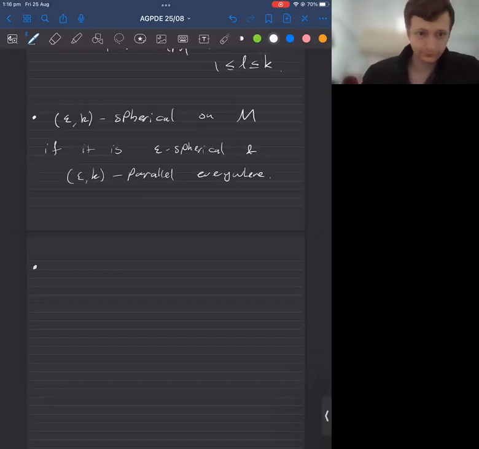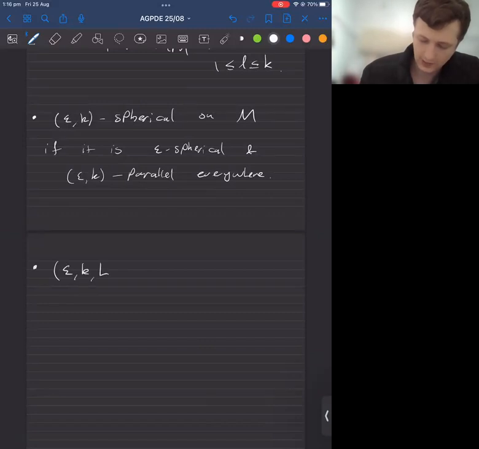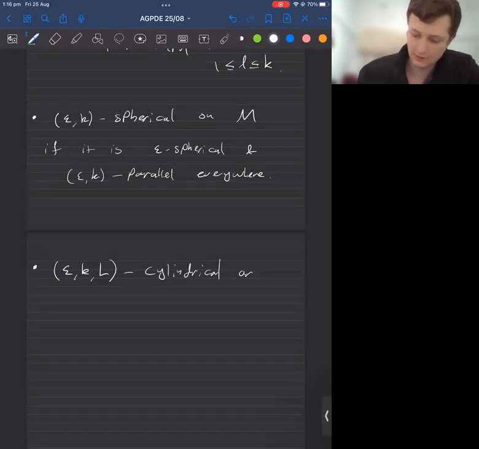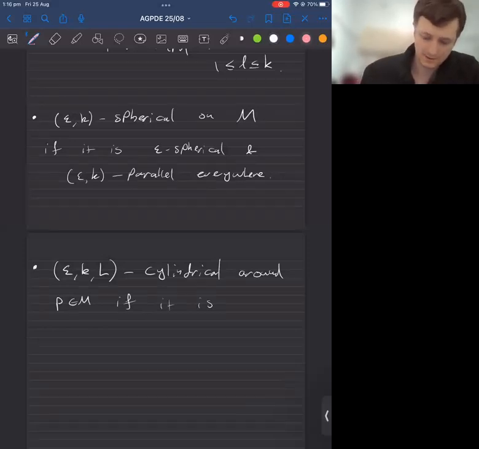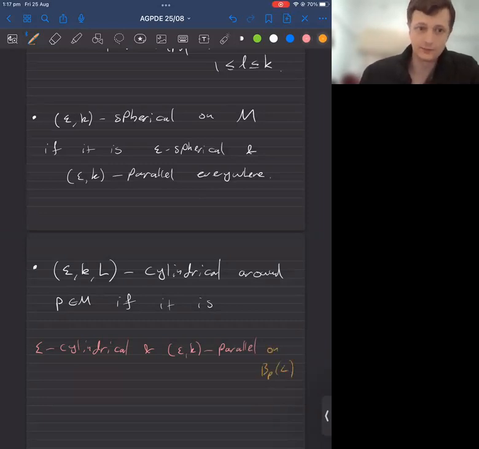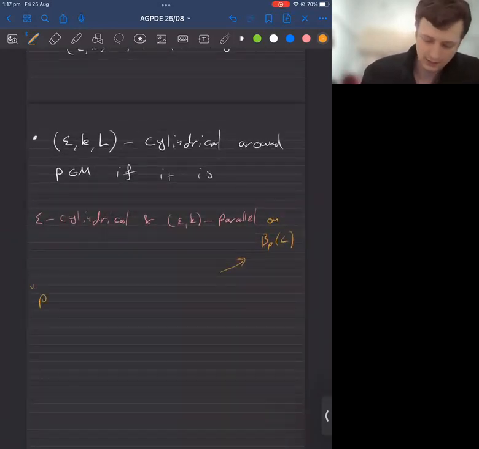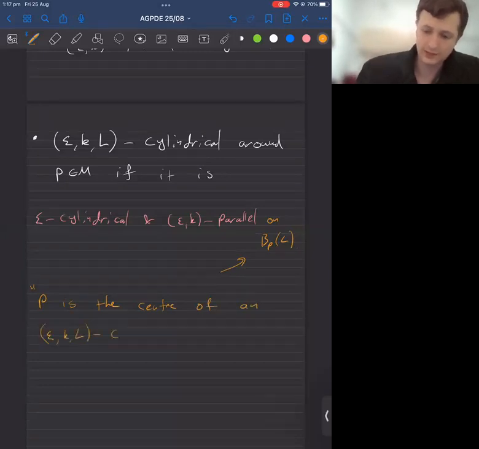And last thing, and this is kind of the most important one, we say epsilon k L, so 3 parameters, epsilon k L cylindrical around P in M if it is epsilon cylindrical and epsilon k parallel on the intrinsic ball of radius L around P. Okay, and then we'd say here that P is the center of an epsilon k L cylindrical, or say epsilon k L curvature neck.